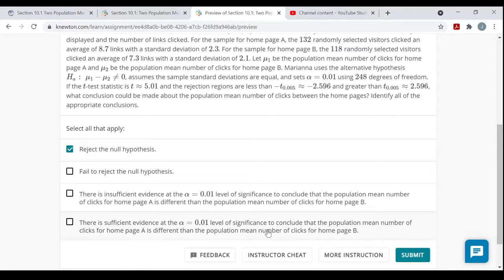If I rejected the null, that they were the same, that means we're accepting the fact that they aren't the same. We'd say there is enough evidence at this significance level to say that they aren't the same, that they are different.